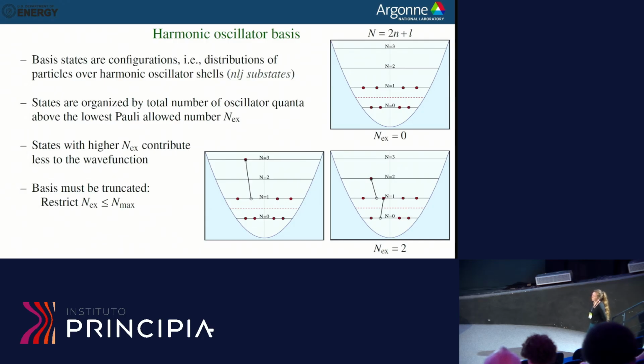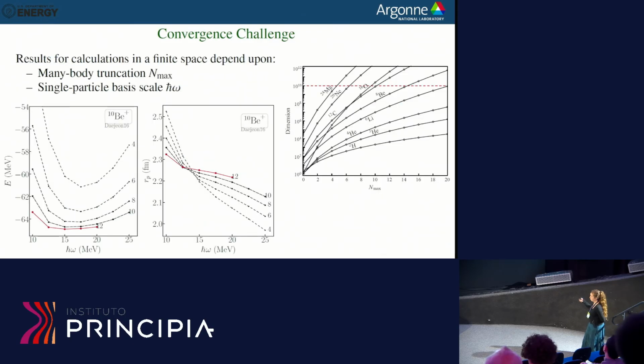So I organize my basis states by number of excitation quanta, and then I try to solve the eigenproblem in this basis. I can't use the infinite-dimensional basis, so I have to truncate it. I do this by taking all configurations with excitation quanta up to some parameter which I call N max. Of course, then the question is, what value of N max do I use?